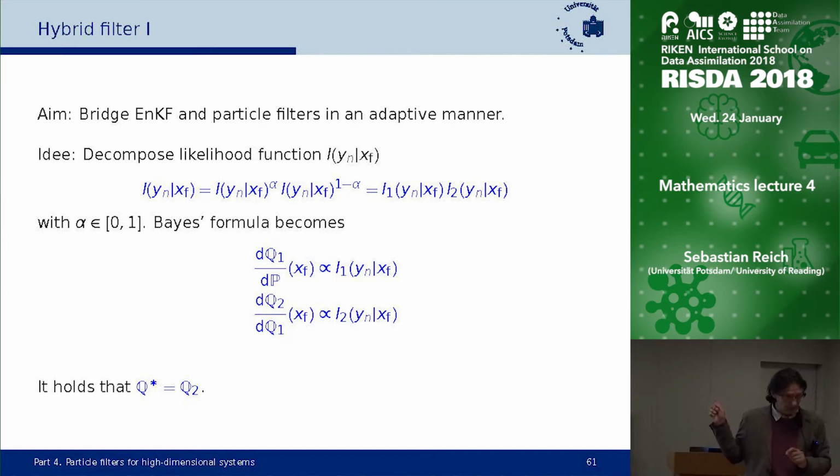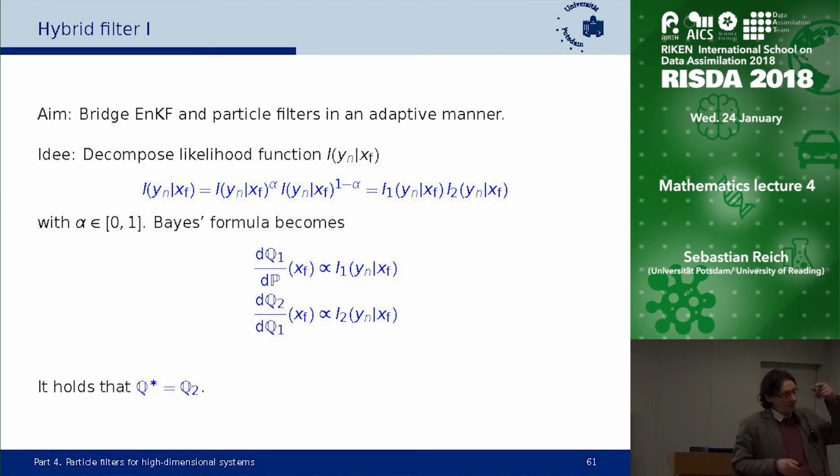you can think of it as you take your likelihood function, it's e to the something, and you just formally introduce alpha and 1 minus alpha. So you split your likelihood into two parts, and alpha is between 0 and 1. And then you get a likelihood 1 and a likelihood 2.